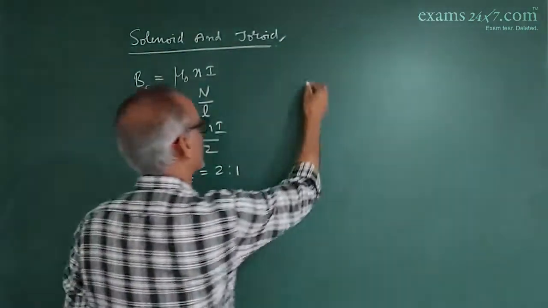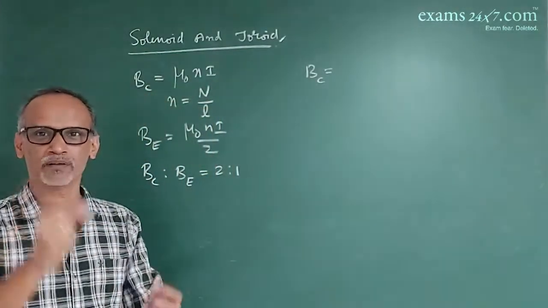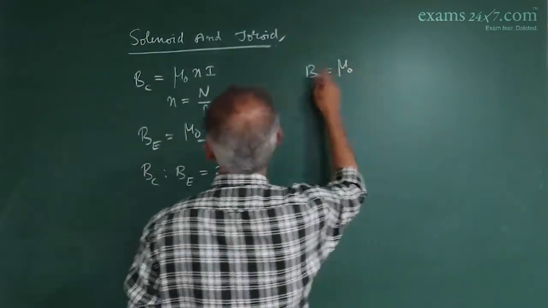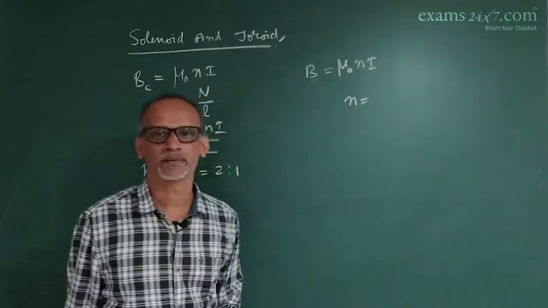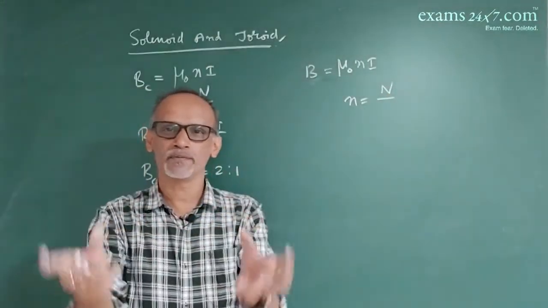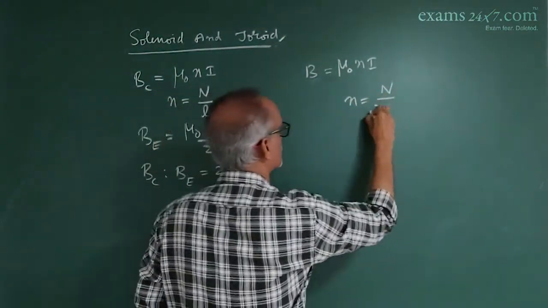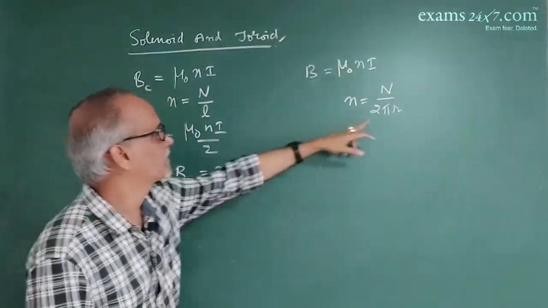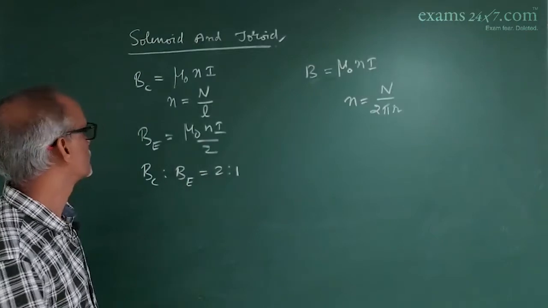The magnetic field at a point on its axis is the same as that of the solenoid, which is mu naught n I. But here n is the number of turns per unit length, and since it's bent in the form of a ring, L becomes 2 pi r, where r is the average radius of the toroid. So these are the two important expressions.